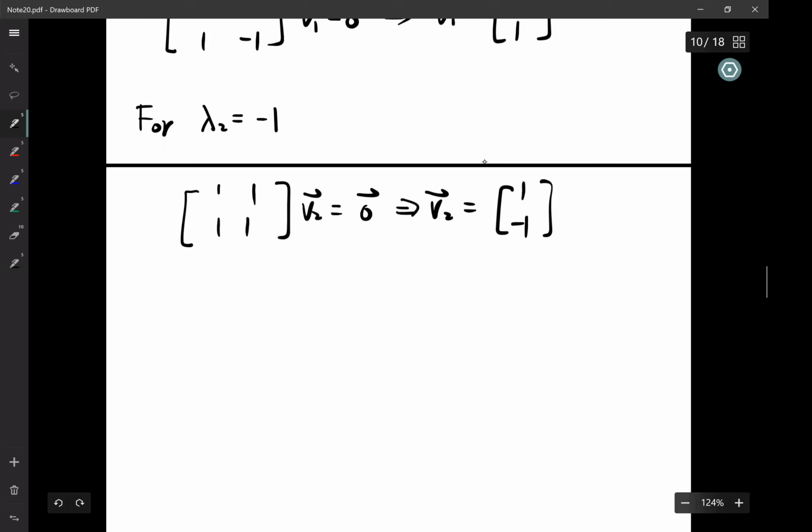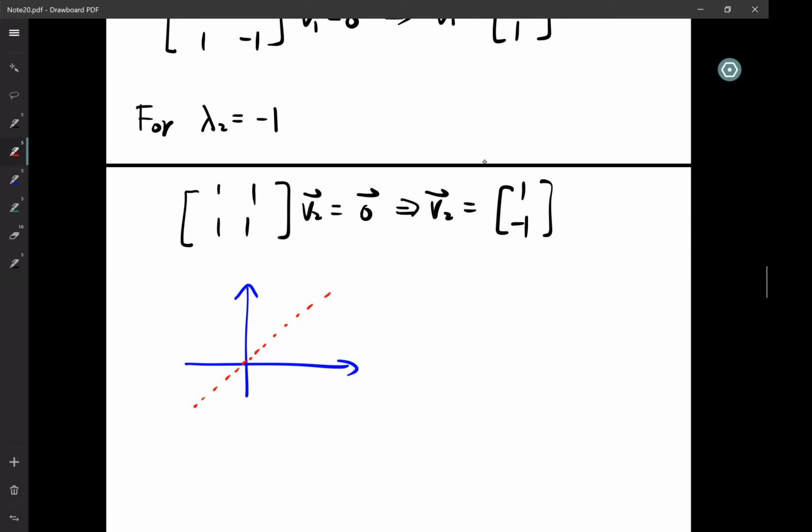So pictorially, what happens is the following. I have 0, 1, 1, 0. What it does is reflect: applied to E1, it becomes E2. If you apply it to E2, it becomes E1. So it is obviously doing a reflection around the x equal to y line.